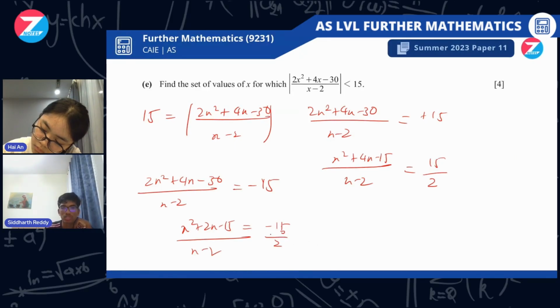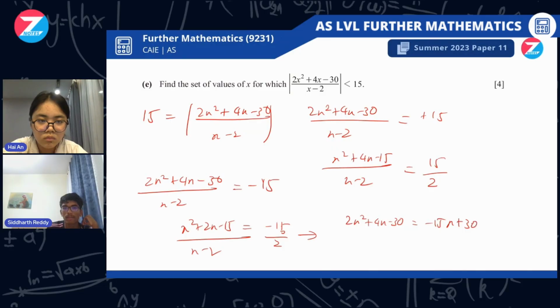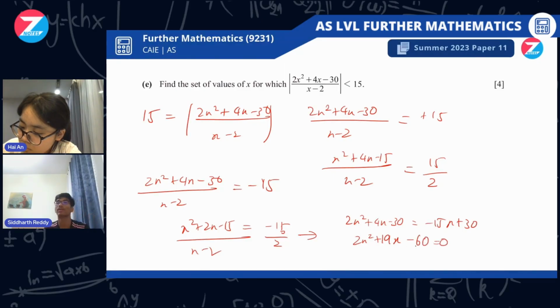Okay, so just quickly solving these equations, we have 2x squared plus 4x minus 30 is equal to minus 15x plus 30. So 2x squared plus 19x minus 60 is equal to 0. That's one equation.